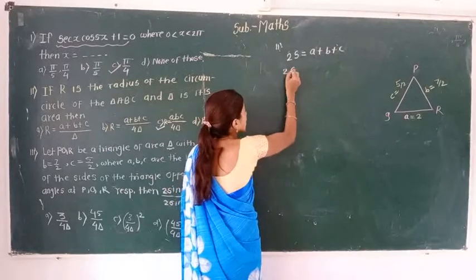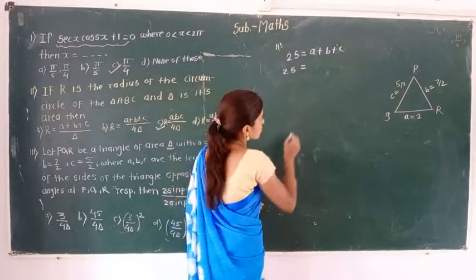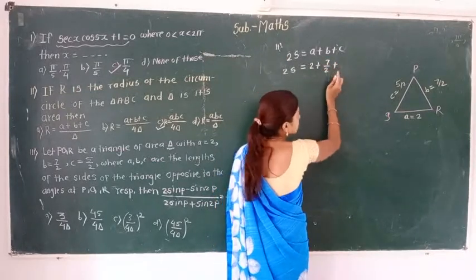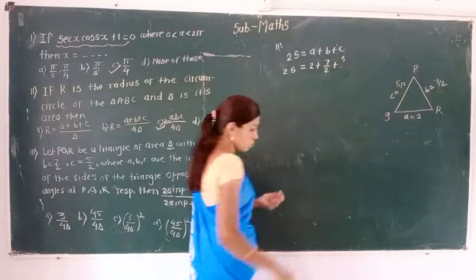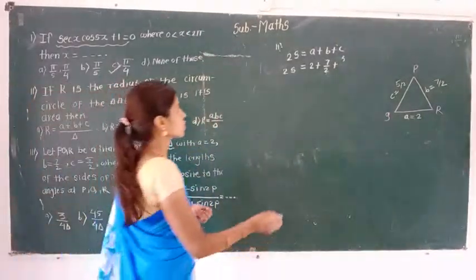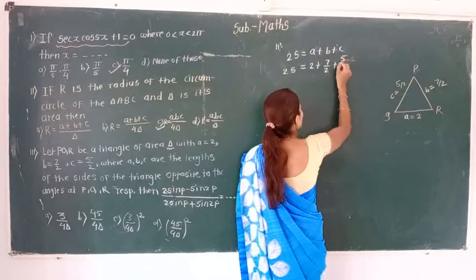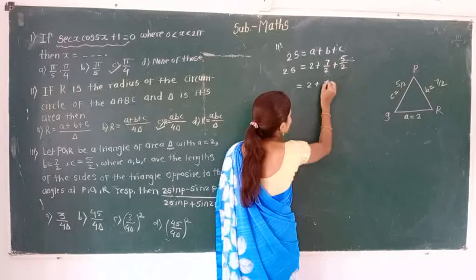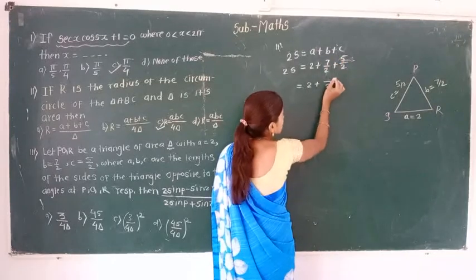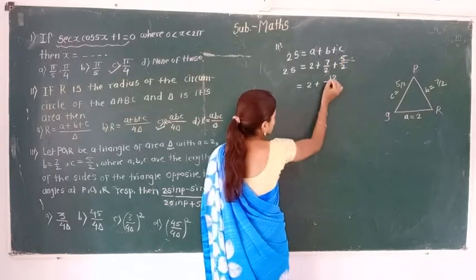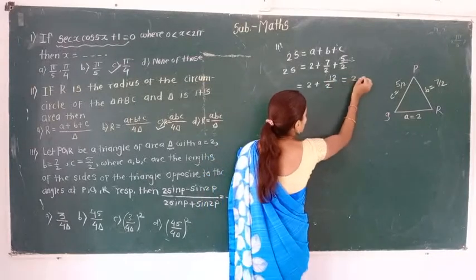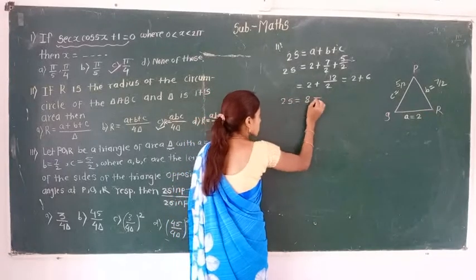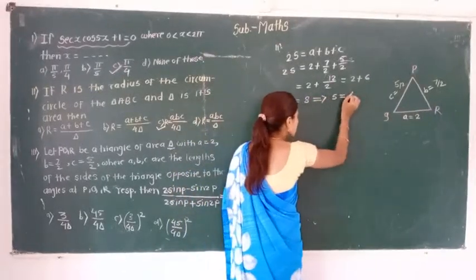We know the value of a is 2, plus b is 7 by 2, plus c is 5 by 2. Take 2 as it is. The sum of these two terms, LCM is 2, 5 plus 7 we can write 12, the ratio is 6. So 2 plus 6, the value of 2s is 8, which implies the value of s is 4.